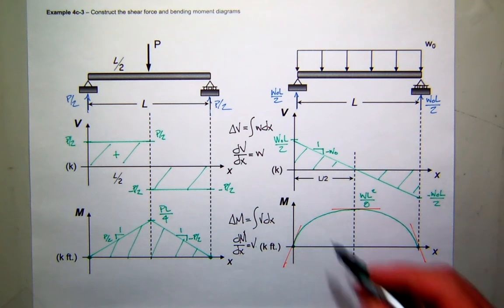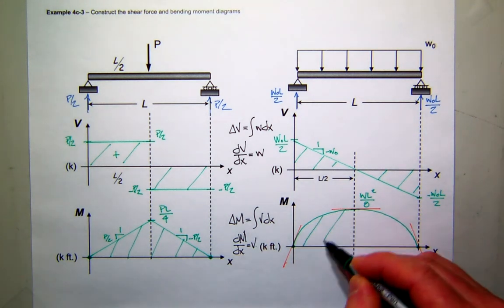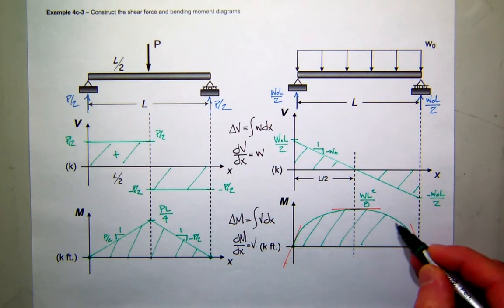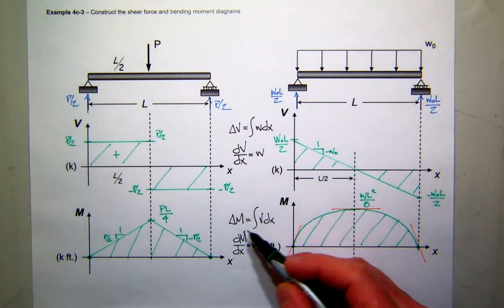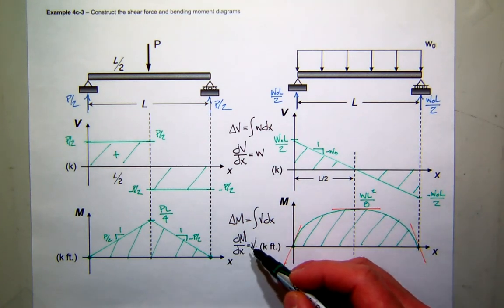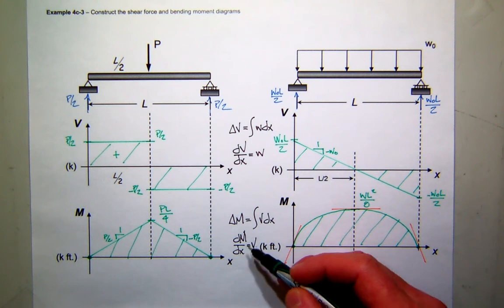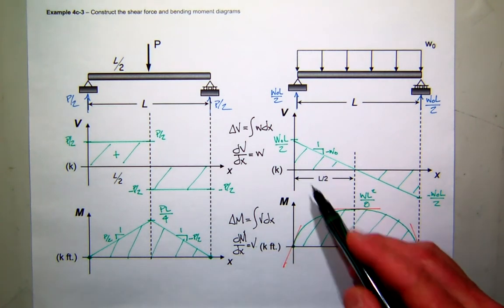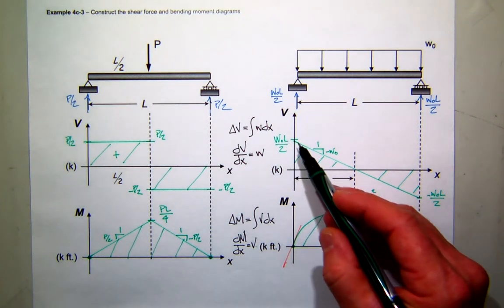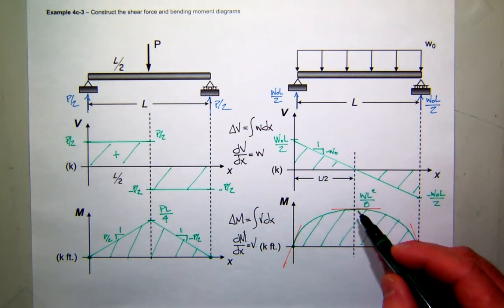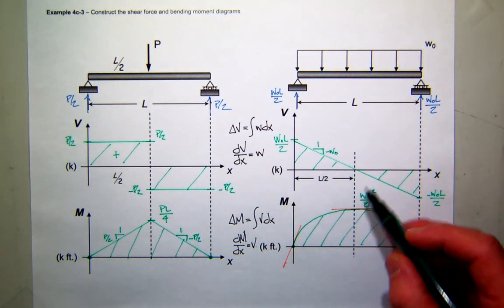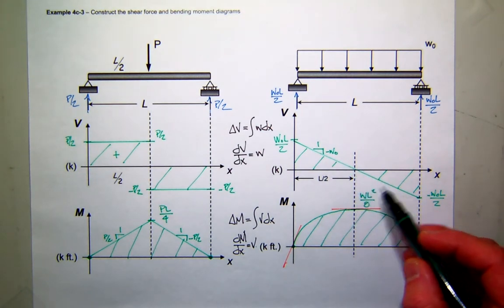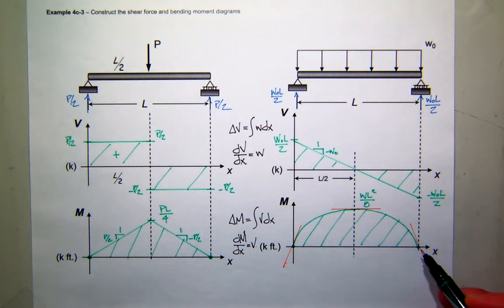How are you getting the slopes at the beginning and the end? Well, remember our relationship tells us that the slope of the moment diagram is equal to the shear. The shear starts off positive, so I have a positive slope. And it decreases to 0, which means I have a 0 slope. And then it goes from 0 to negative max. I think I understand that part. I'm just wondering how, at the beginning, you know whether to start really steep or not. Oh, that's just arbitrary.